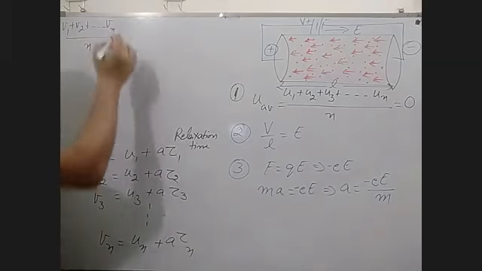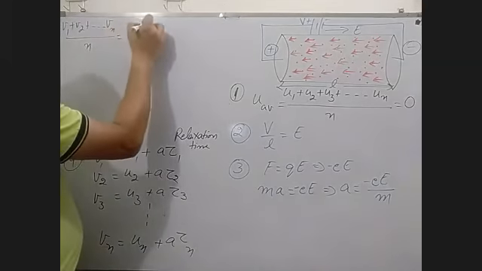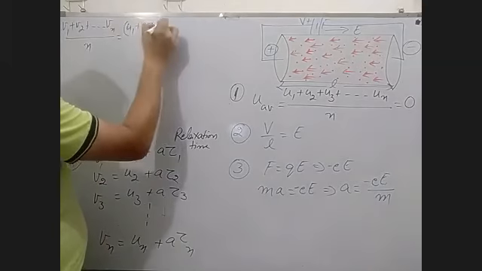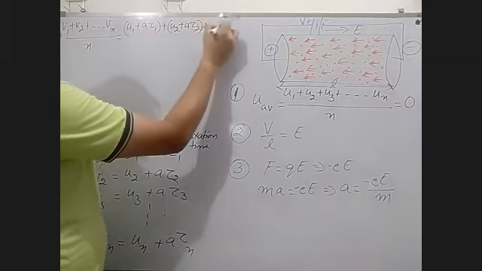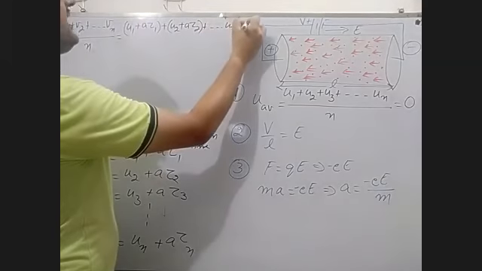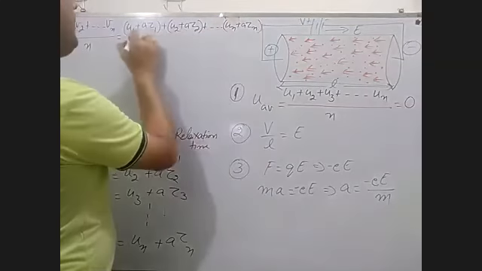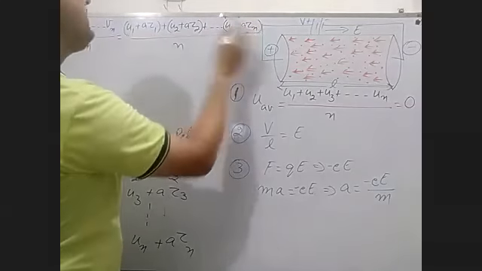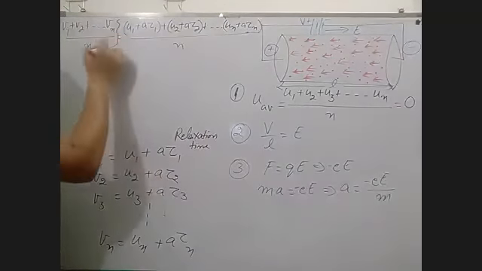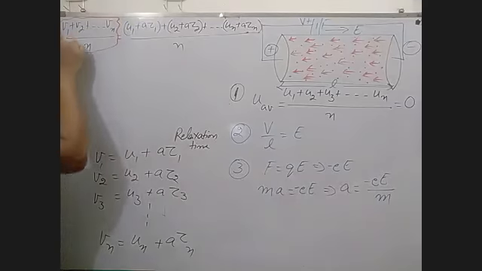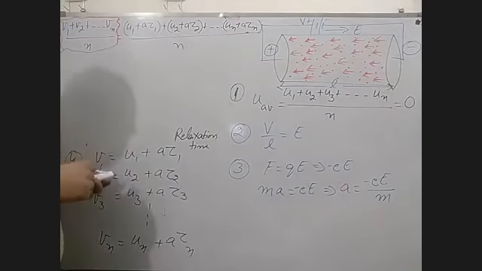Now this one also: u1 plus a tau1 plus u2 plus a tau2, in this way, un plus a tau n, upon n. Mathematically, you can add in this way. Now, what is this? This is the average of drift velocities of individual electrons. Okay.